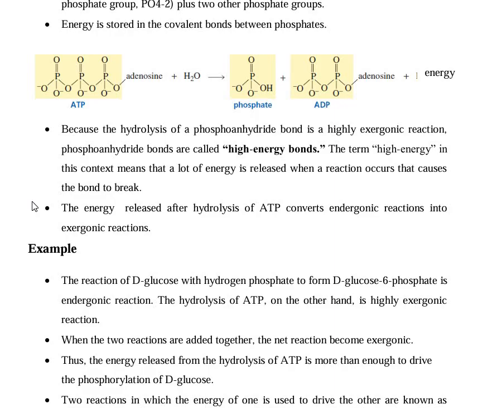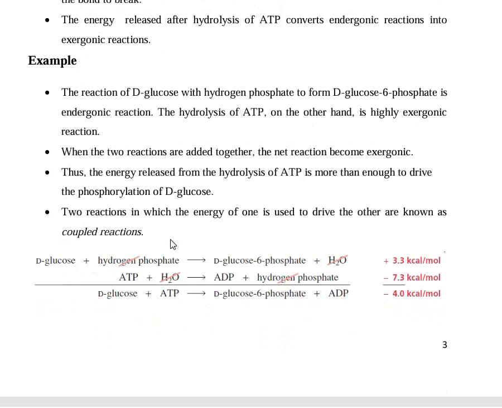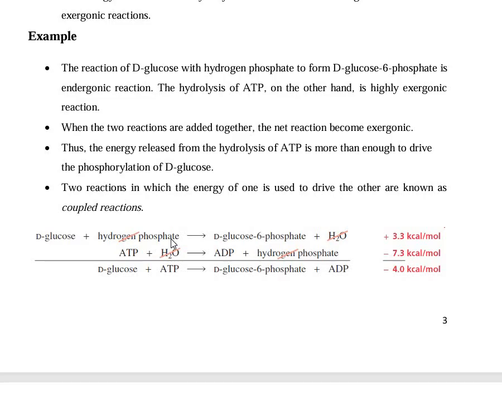The energy released after hydrolysis of ATP converts endergonic reactions into exergonic reactions. For example, the reaction of D-glucose with hydrogen phosphate to form D-glucose 6-phosphate is an endergonic reaction. The hydrolysis of ATP, on the other hand, is a highly exergonic reaction.